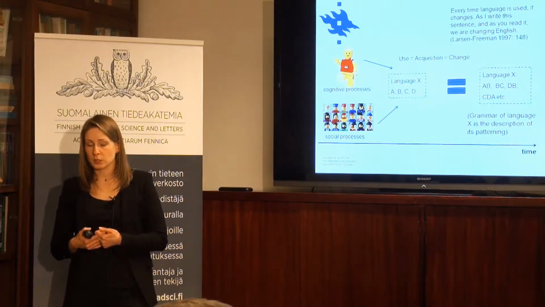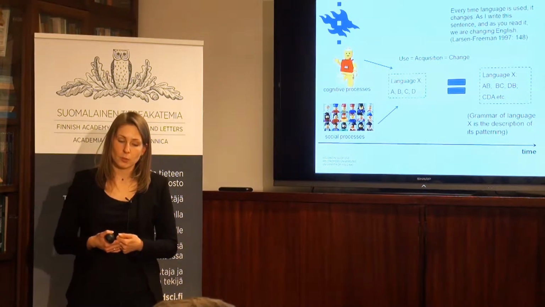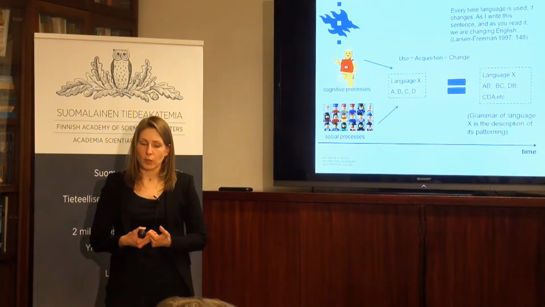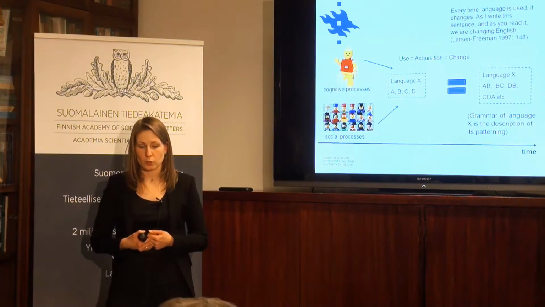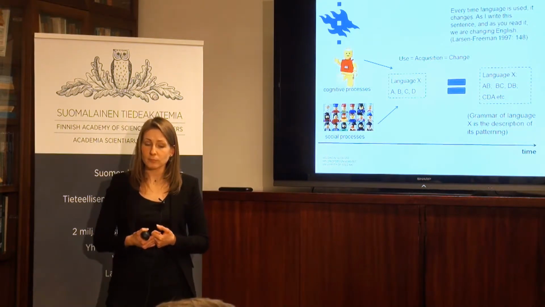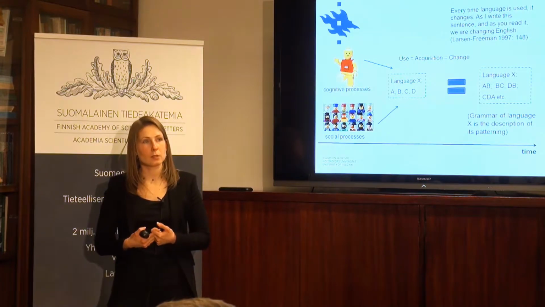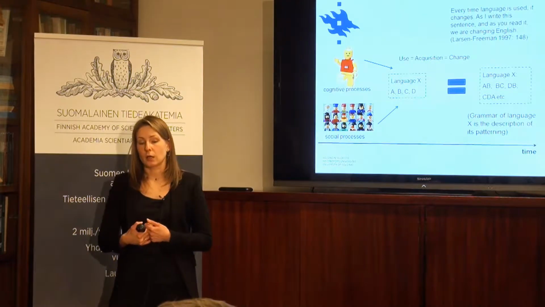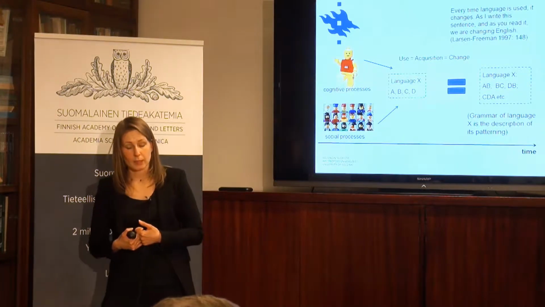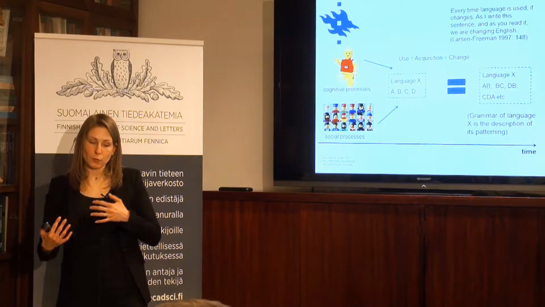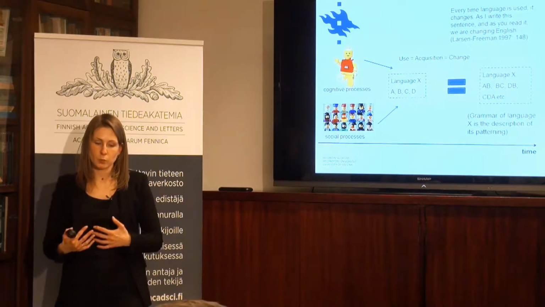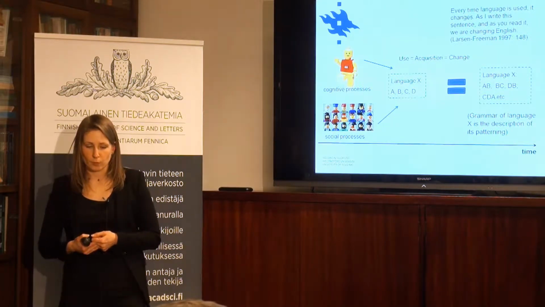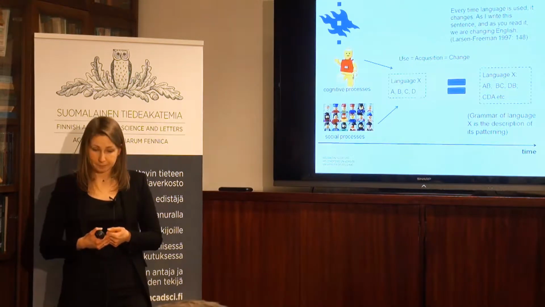These are cognitive processes, so those cognitive processes that each of us has influence the way we use language. And there are social processes, so all those principles of social interaction between human beings also influence the way language is used. And through continuous interaction between cognitive and social processes, language evolves and emerges in the form that we see it.